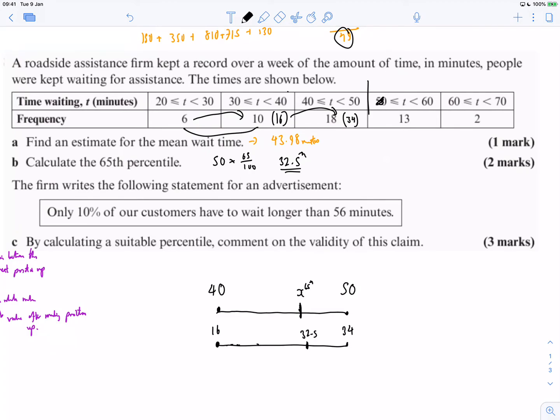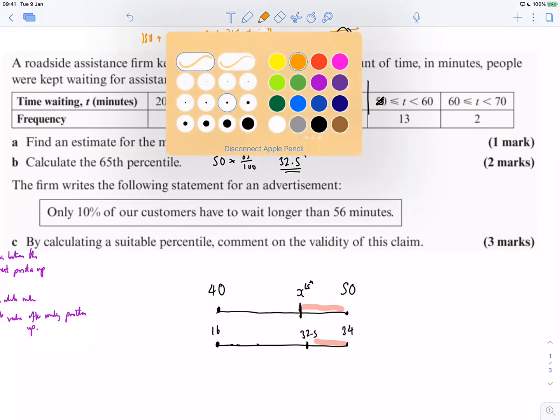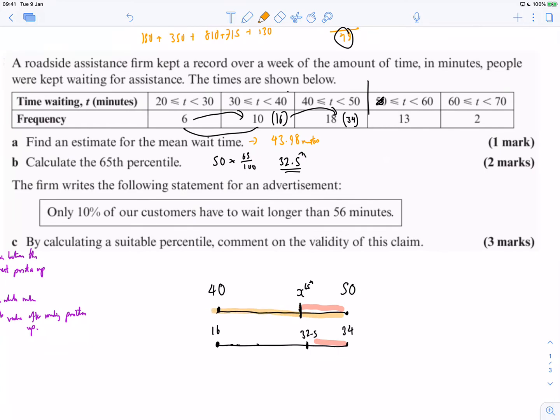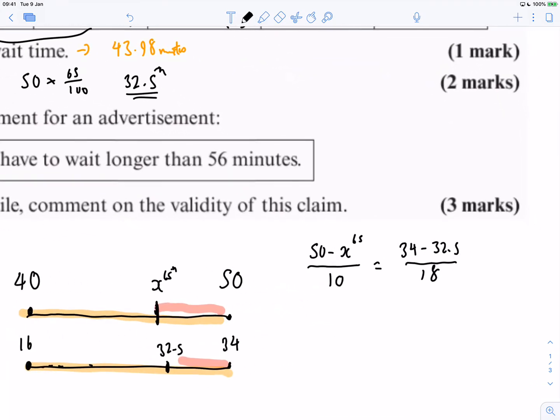And now I want it so that the ratio between here and here, for both of them, is the same as the ratio from here to here. So really easy. 50 minus my x 65th over the whole thing, which is 50 minus 40, which is 10, must equal my 34 minus 32.5 over the whole, which is 34 minus 16, which is 18. And now I just make x 65th the subject of this.